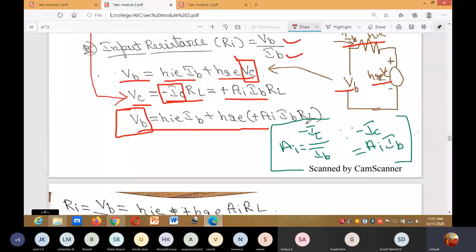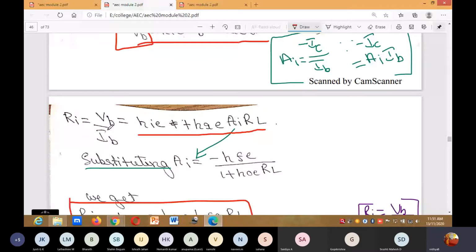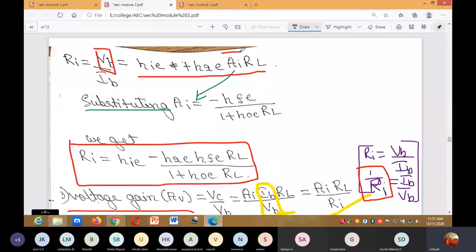Next, RI is equal to VB divided by IB. We know the value of VB, so I have substituted, and you will get this equation. In this equation, we know the value of AI, so I have substituted the AI value. So input resistance is equal to HIE minus HRE HFE into RL divided by 1 plus HOE into RL.